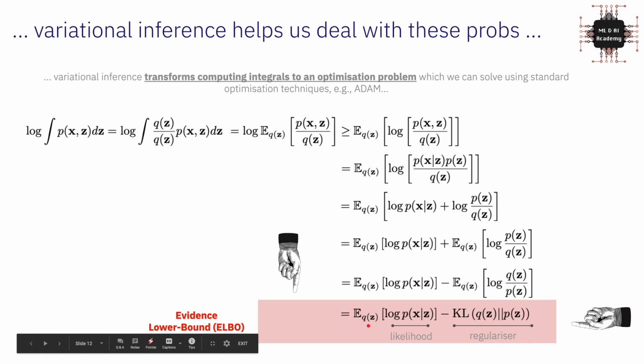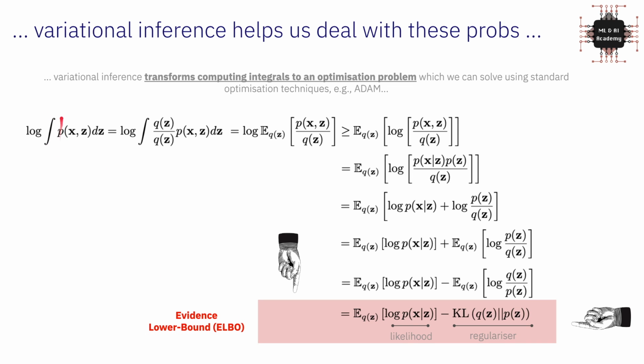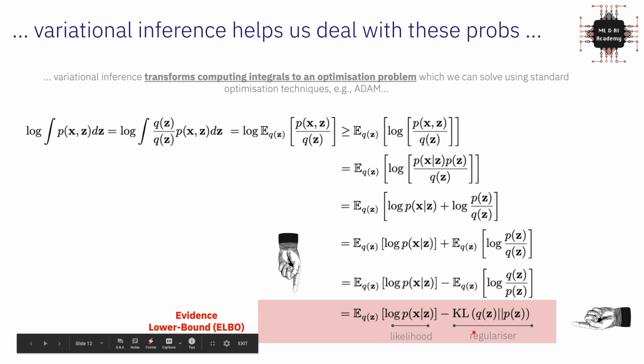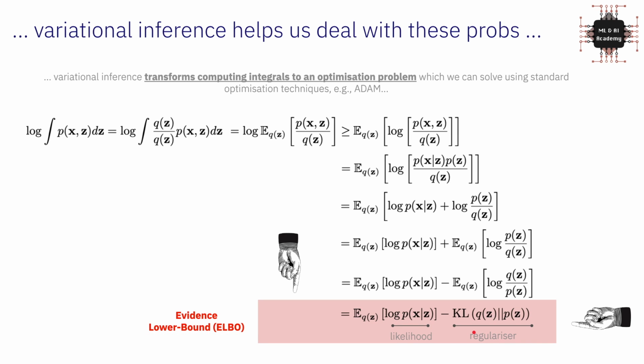Now notice that this integration, which was extremely hard to compute, got transformed into an optimization problem for which we can, for example, have an Adam-type solver. Maybe you want to check the Adam videos before, to see how Adam works and how it converges.